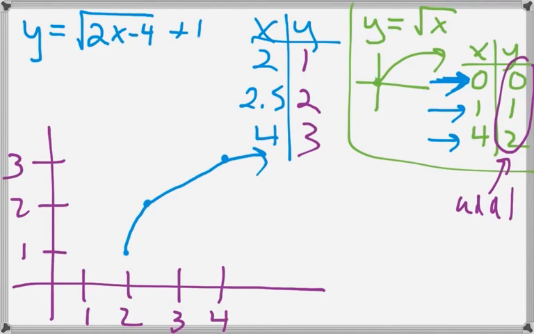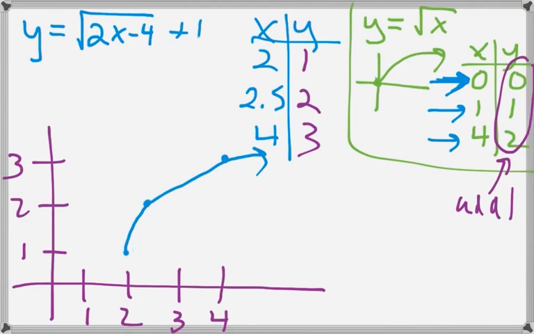Now, by the way, you might be wondering what happened, because we see a minus 4 in the equation, but really you can see it only shifted to the right 2 units because this point was at the origin before. So it moved right 2 units and up 1. We also had a shrink horizontally, so it shrunk back toward the y-axis before it got shifted.